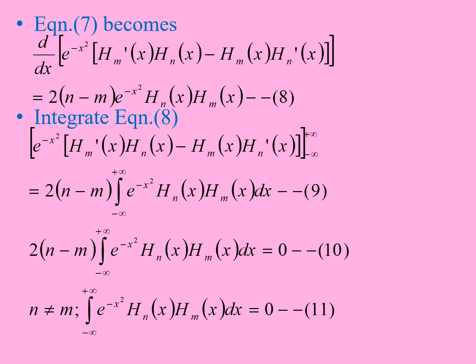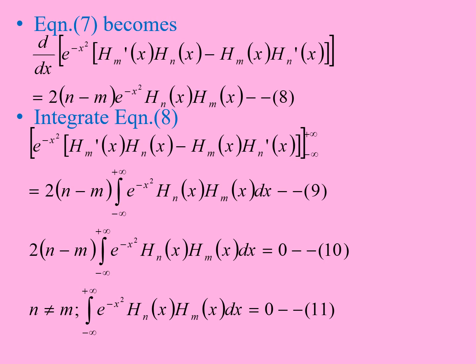So equation 7 becomes d by dx of e power minus x squared times Hm prime of x Hn of x minus Hm of x Hn prime of x, that is equal to 2 into n minus m e power minus x squared Hn of x Hm of x. Now you integrate this equation with respect to x between the limits minus infinity to infinity.